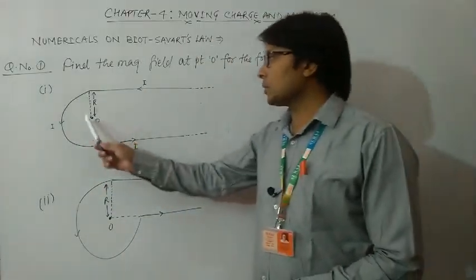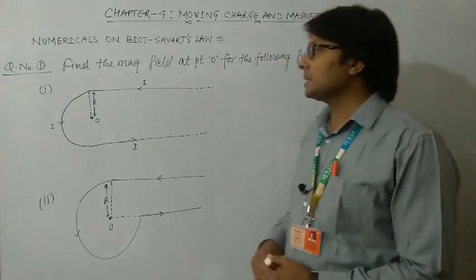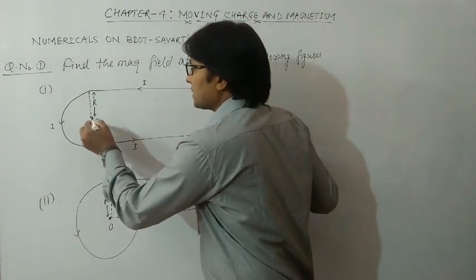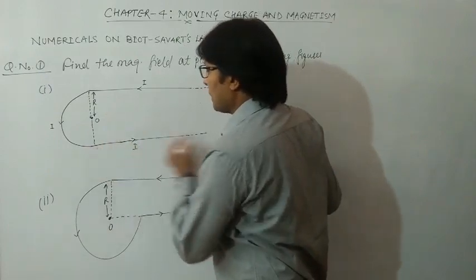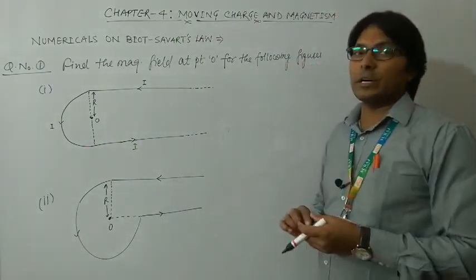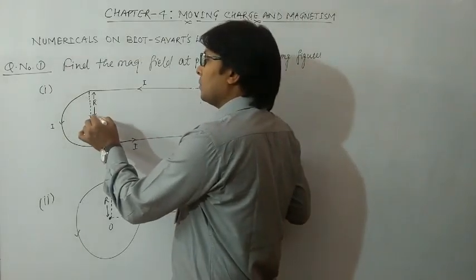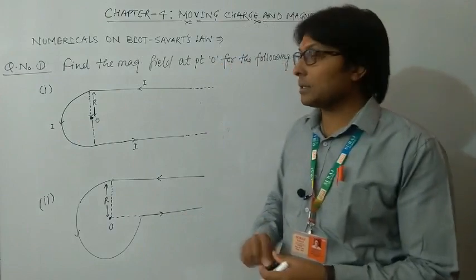In the very first case it is half circular, which we can say semicircular, and these are the two wires of infinite length. So we have to find the formula of magnetic field at the center O.